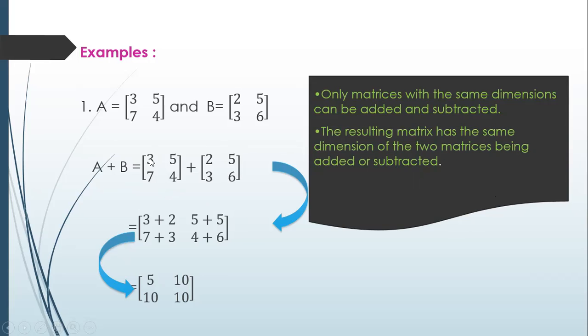Corresponding elements means A11 with B11, A12 with B12, A21 with B21, A22 with B22. Therefore, we add 3 plus 2, 5 plus 5, 7 plus 3, 4 plus 6. 3 plus 2 is 5, 5 plus 5 is 10, 7 plus 3 equals 10, 4 plus 6 equals 10. Therefore, the resulting matrix is also a 2 by 2 matrix.